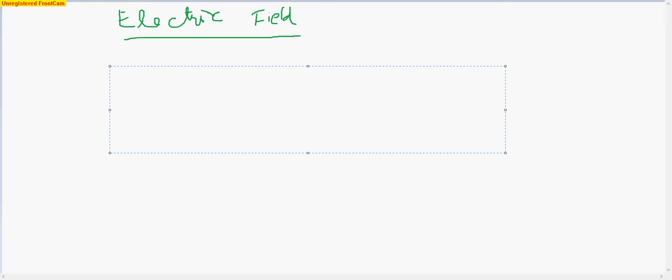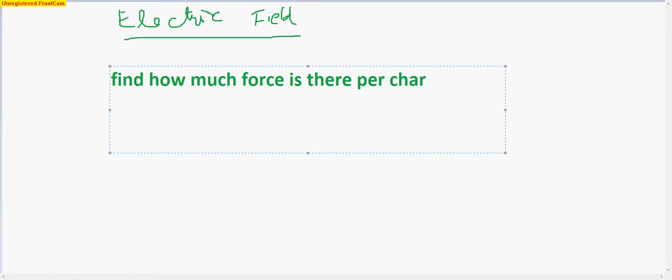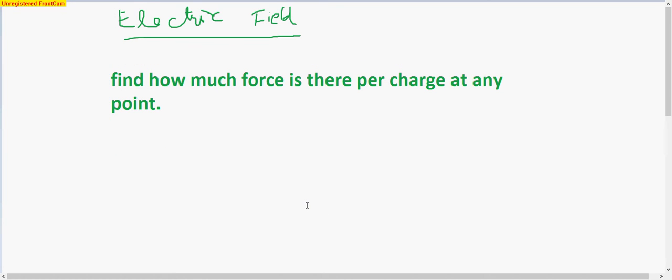So in order to find the electric field, you have to find how much force there is in a particular place per charge, at any point. That is how you find the electric field. That is actually force by charge, right?